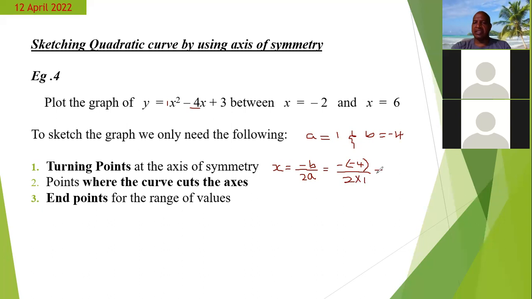And so doing this calculation, now we have negative times -4 at the top, we get +4. And in the denominator, we would have 2 times 1, give you 2. And now we divide 4 by 2, we get what? 2, sir. All right, so that means the x value for the axis of symmetry will be 2.